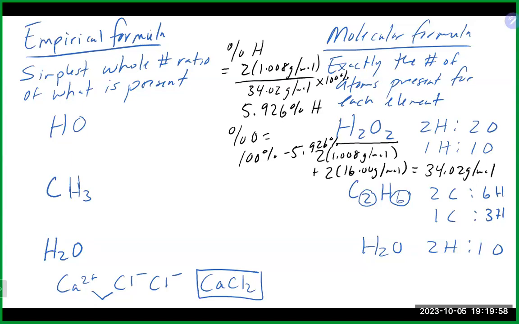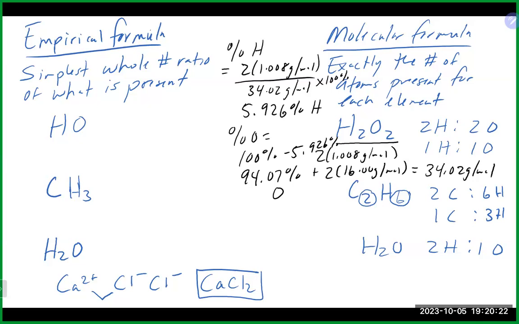So if I want to just quickly do it that way, it's about 94.07% oxygen in this case. You obviously could still do the same calculation and you'll get the same answer, but that's just, again, a quick way to get the other one. First off, any questions on those calculations?